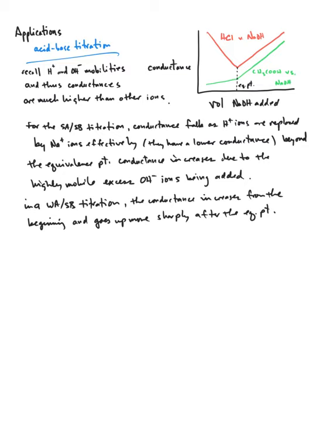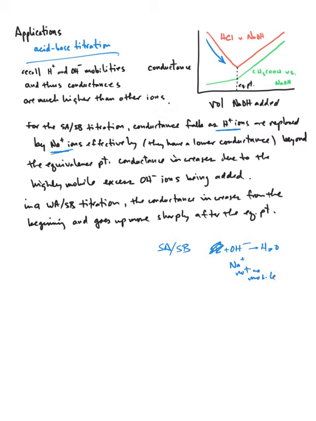I have a steeply falling conductance measurement as I'm adding the sodium hydroxide. Basically, the reason is, as I say in my little essay here, I'm essentially replacing H plus ions with sodium ions. In the strong acid, strong base titration, as the sodium hydroxide is being introduced, it's forming water, and then the spectator, sodium, is not as mobile.